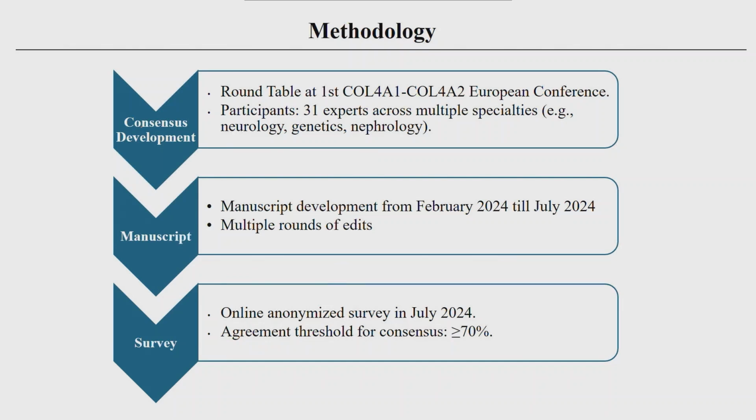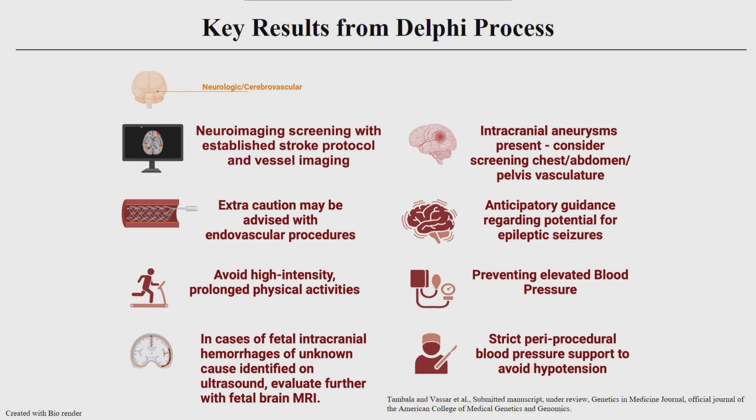I will show some of the results, but I wanted to say that all of the recommendations reached the agreed threshold for consensus, and I will show some of them here by system.